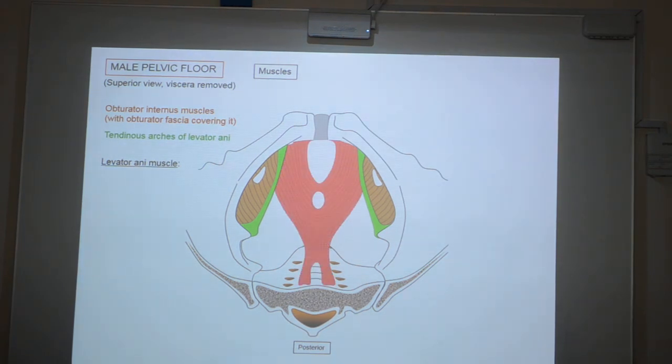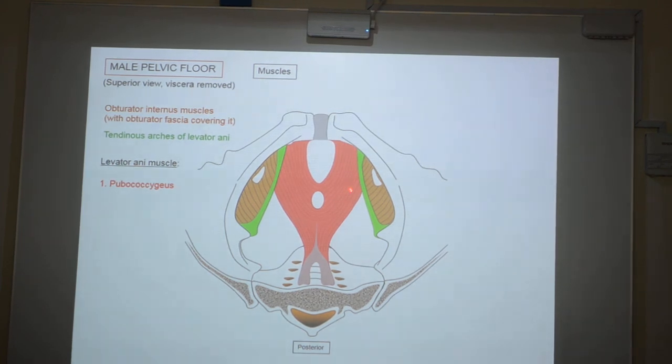Now, I have obturator internus, but it has certain components. The part which is coming from the pubis, going to the coccyx, we call the pubococcygeus part of the levator ani. Pubococcygeus muscle, which is part of the levator ani.